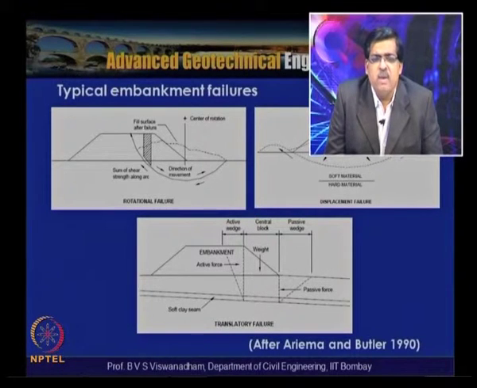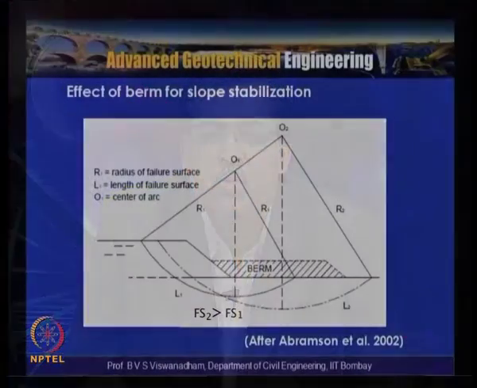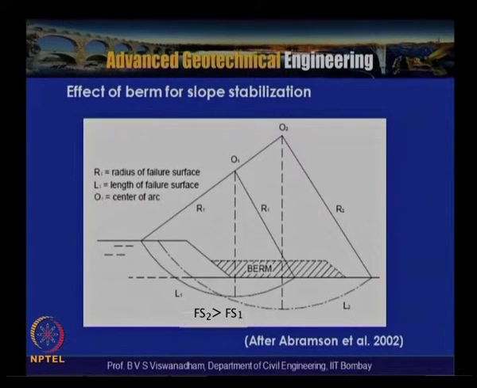To avoid these embankment failures, one of the popular alternatives is to stabilize the man-made slope or embankment slope by constructing a berm, or in combination with stone columns. The effect of the berm on slope stabilization is shown in this slide, where an embankment subjected to a base failure or rotational failure with a circular arc L1 with center of arc O1 yields a factor of safety Fs1.